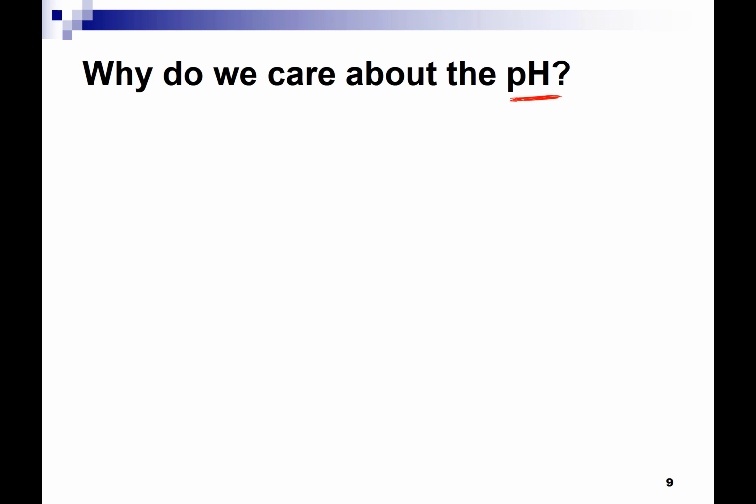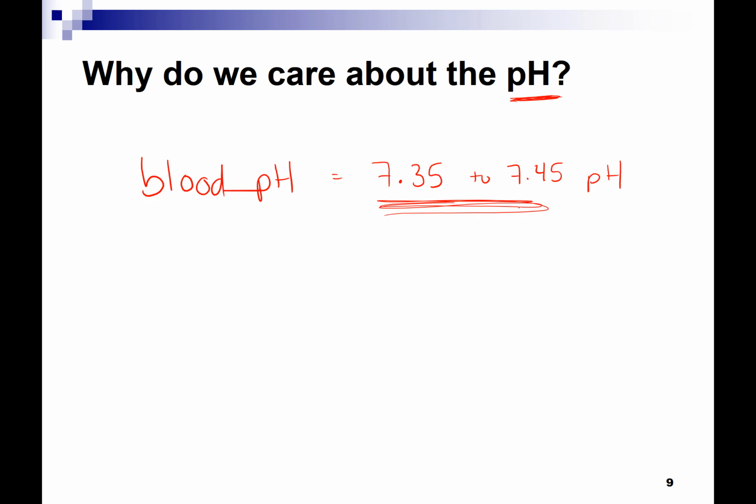The other reason you care about pH is you have blood. And your blood pH has to remain between 7.35 and 7.45 to keep you healthy. That's a very narrow range.